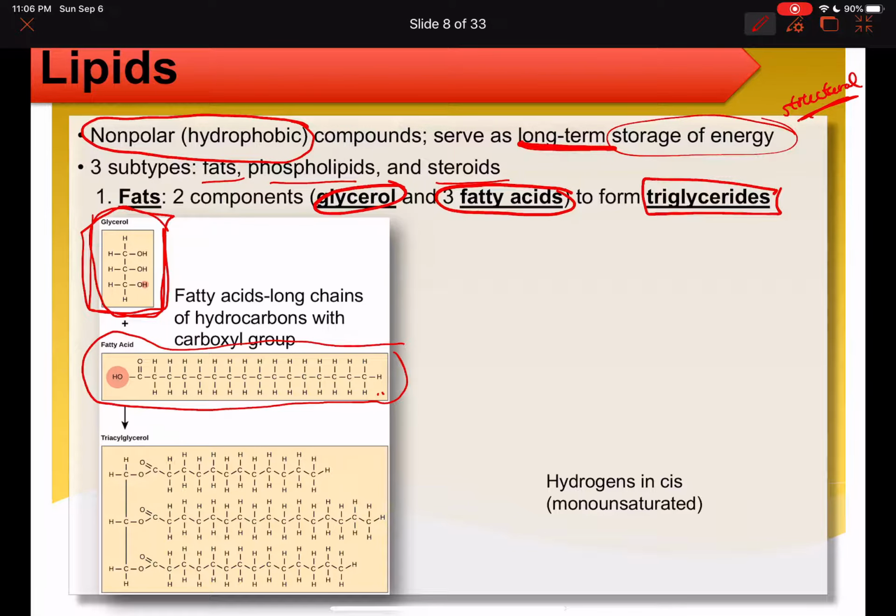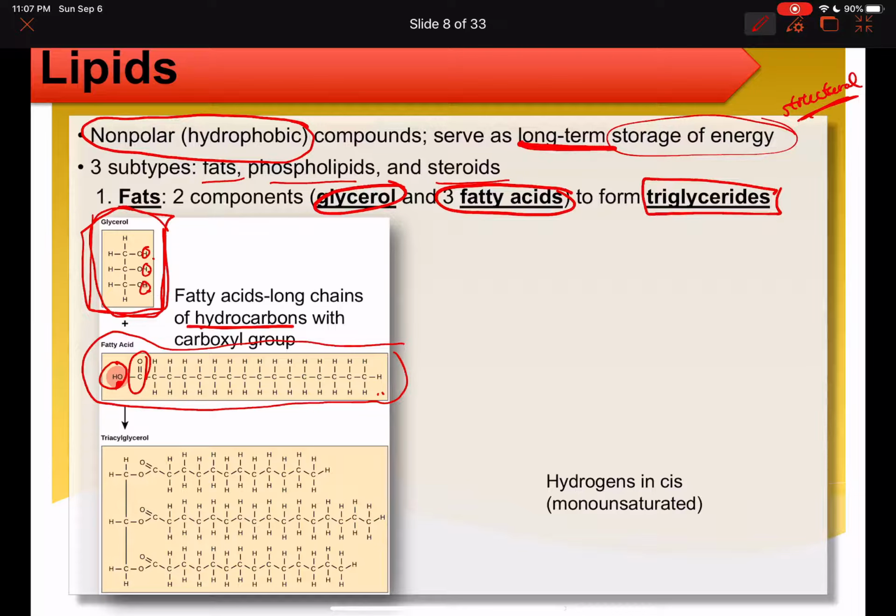And fatty acid chains are really just long chains of hydrocarbon molecules with a carboxyl group at one end and a hydroxyl group, because this hydroxyl group has to react with these hydrogen atoms right here within the glycerol to form a covalent bond.